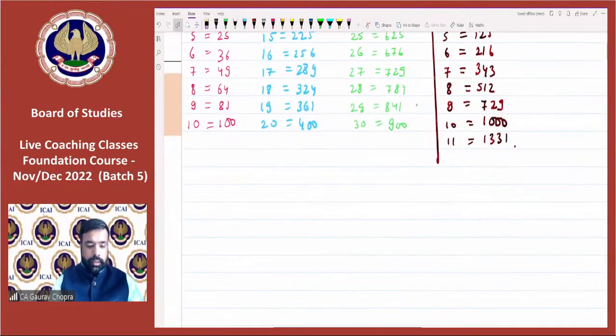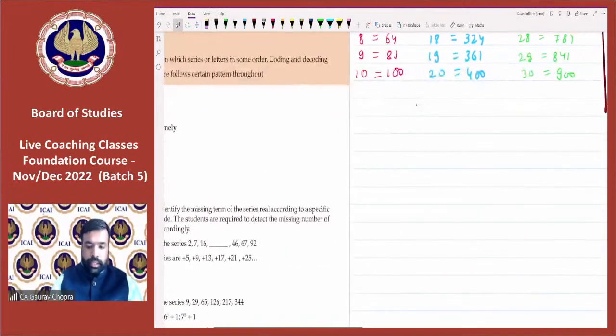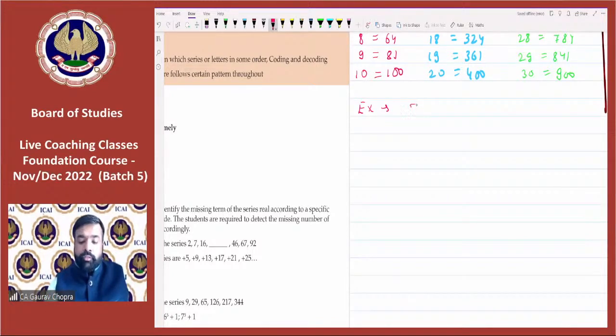So now here, let's take one example first. Now, if we see 5, then 12, then 19, 26, and then dash. So what will be the next number? We have to find this. What can be the next number? 5, 12, 19, 26, and then dash.